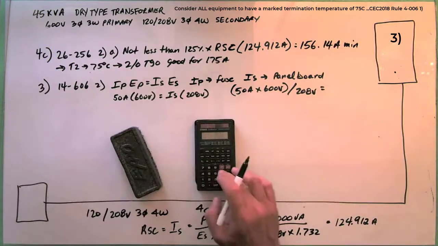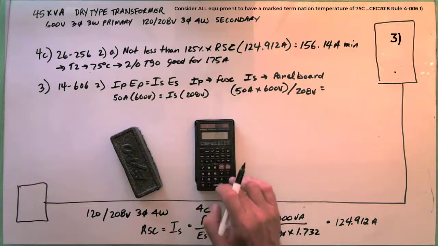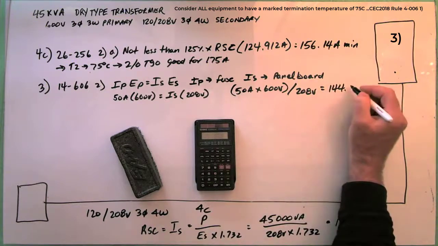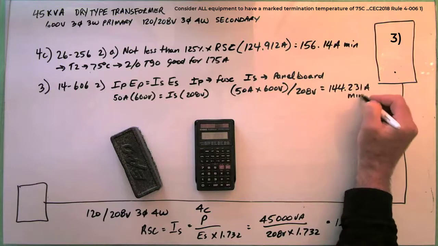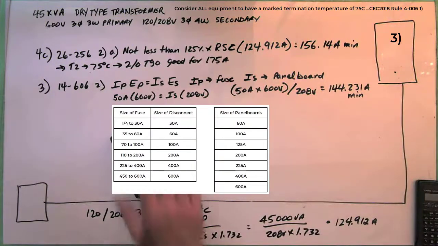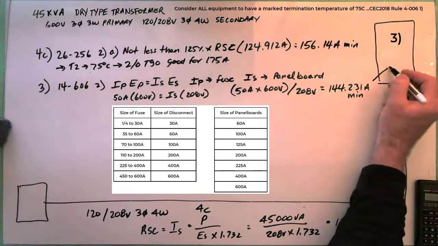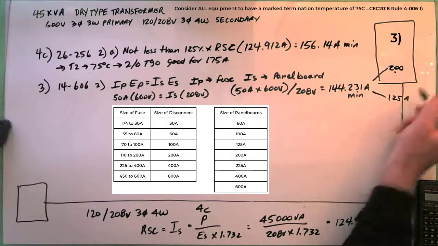So 50 times 600 divided by 208, I get 144.231 amp min. So now if you go to the chart there, it'll say you've got these panels. So now, do you go up to a 200, or can I go down to the 125?